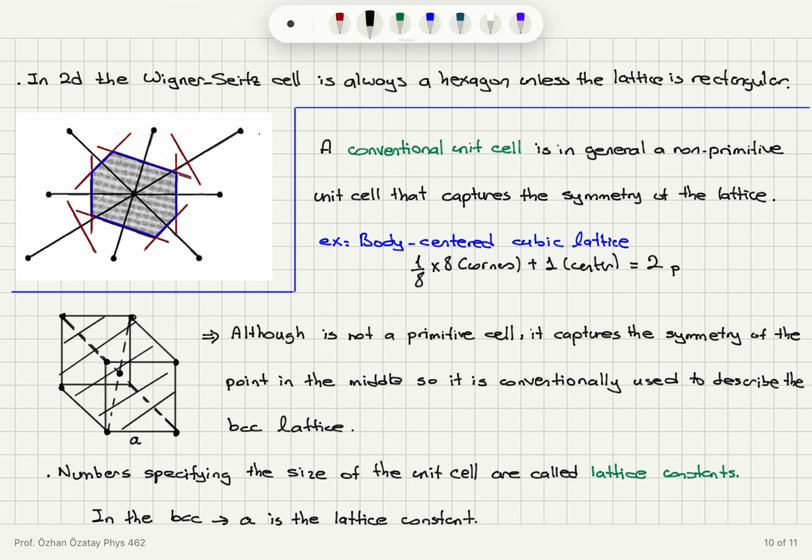This would give me 2 points per cell, and therefore it's not a primitive unit cell. However, it does capture the symmetry of the point in the middle, therefore it's preferred. And we use lattice constants to define the size of the unit cell. For example, in the body-centered cubic structure, the distance between two points at the corners is a, the lattice constant that we have introduced.